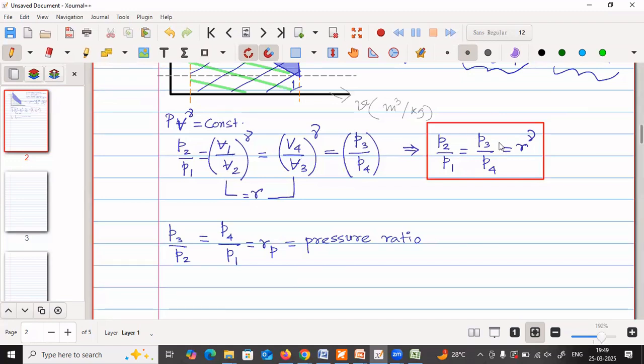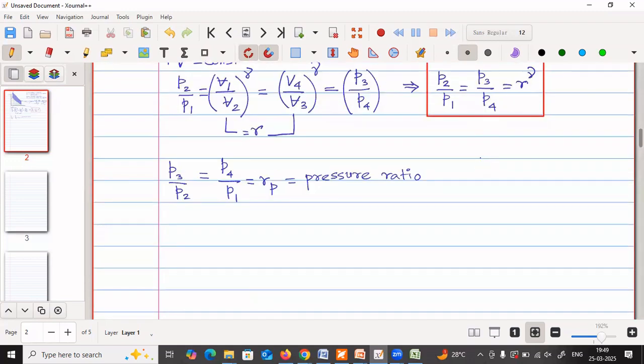W net is equal to P3 V3 minus P4 V4 divided by gamma minus 1, minus P2 V2 minus P1 V1 by gamma minus 1.